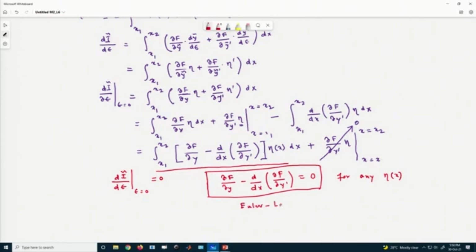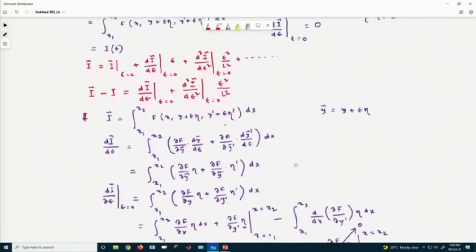The Euler-Lagrange equation of the functional. So now I stop here. We learned how we can find the Euler-Lagrange equation of a functional if it is given in a general form.